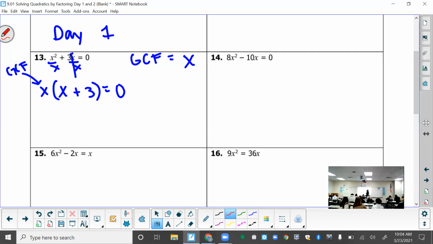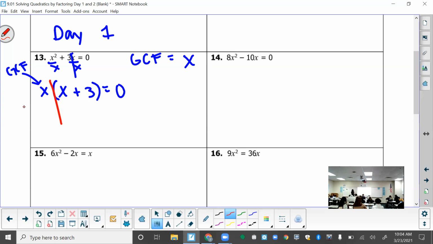All right, let me hold your attention for just a little longer. Now we need to set each factor equal to 0. How many factors do I have? 2. I have 2. So factors are things you multiply together. It's x times these parentheses.